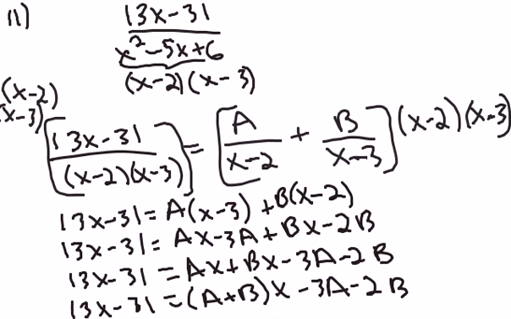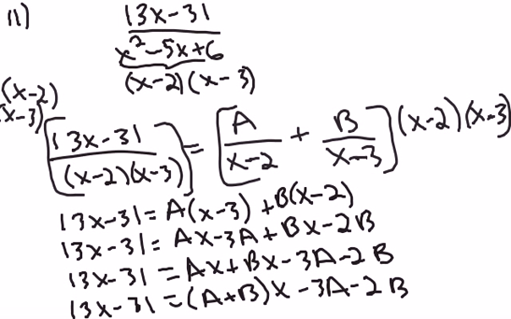Okay. So here you can see a plus b has to be the coefficient of x. The coefficient of x is 13. Hence, a plus b is equal to 13. And we'll do that on the next page. So we have a plus b is equal to 13. Then if we go back here and compare the constants with the constants, negative 3a minus 2b is equal to negative 31.